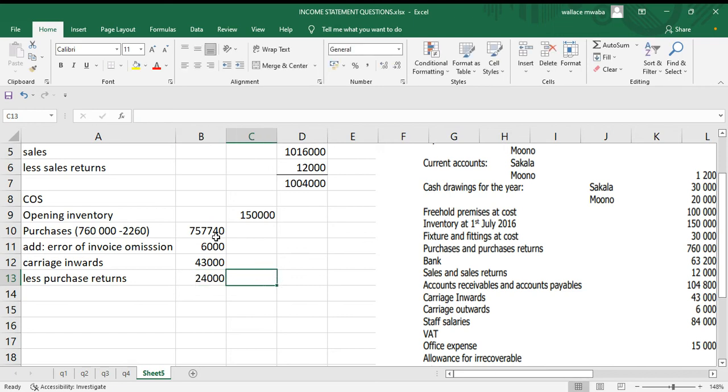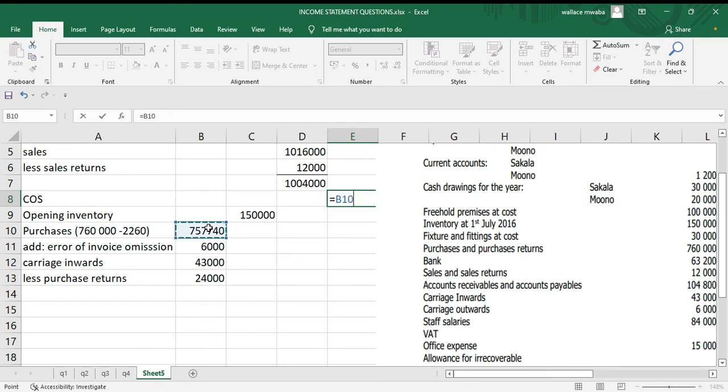So what we're going to do is add these three, then subtract 24,000. Let me just illustrate that here. 757,740 plus 6,000 plus 43,000, we get 806,740.